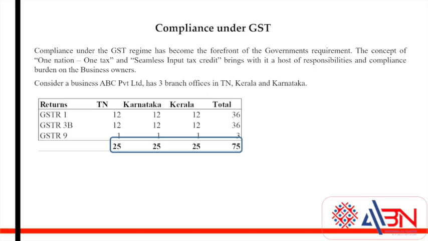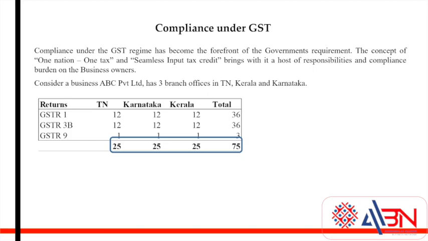GSTR 3B is where I effectively discharge my liability. So in this case, the 20,000 minus 10,000, my net 10,000 which I have to pay to the government, I have to discharge under GSTR 3B. And GSTR 9 is the annual return, wherein the entire year's sale, output tax, input tax credit, any amendments are made, everything is reconciled over there.